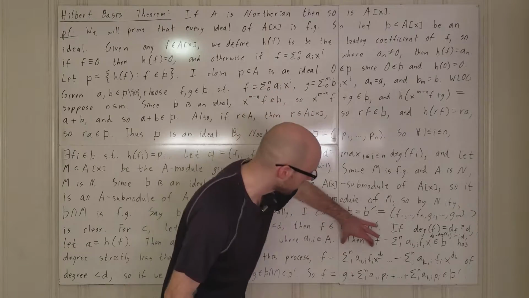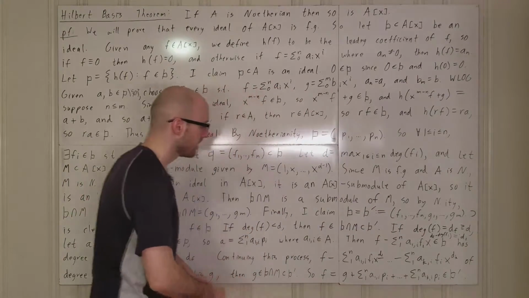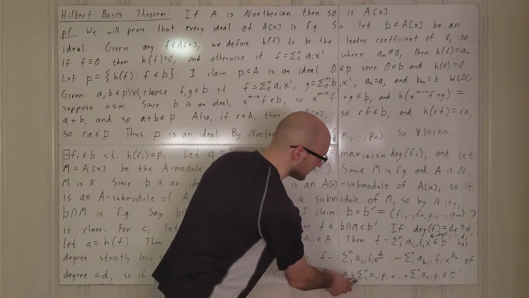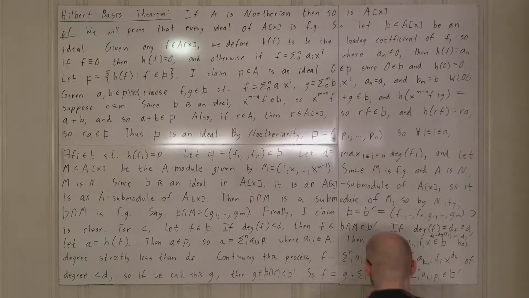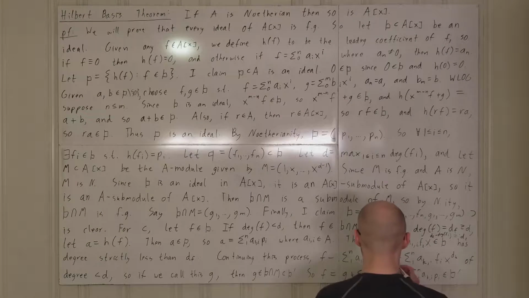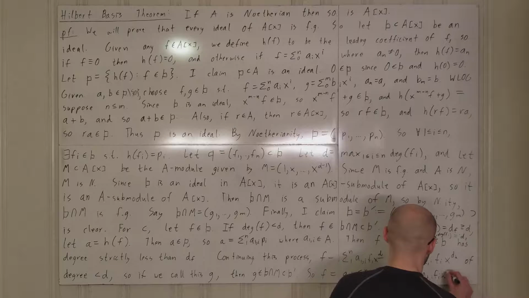Now you take all of these sums and just move them over to the other side, and what do you get? You get f equals g plus this sum, a1i fi x to the d1, and a ki fi x to the dk.